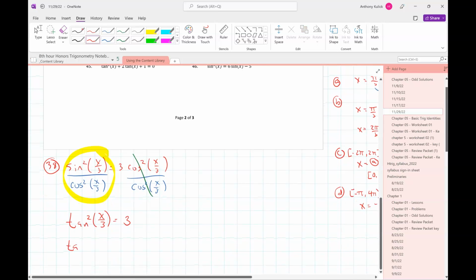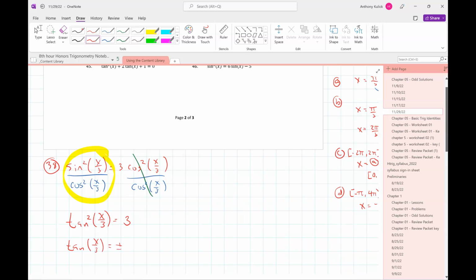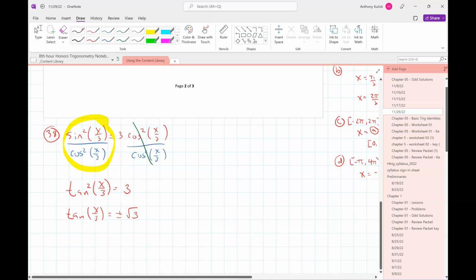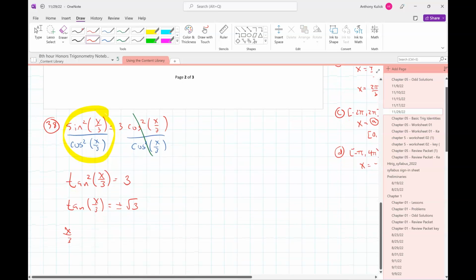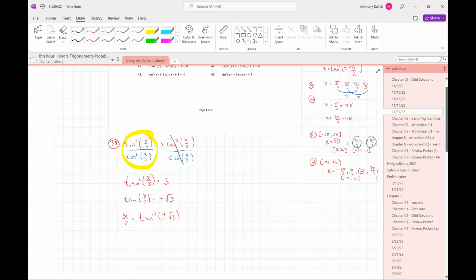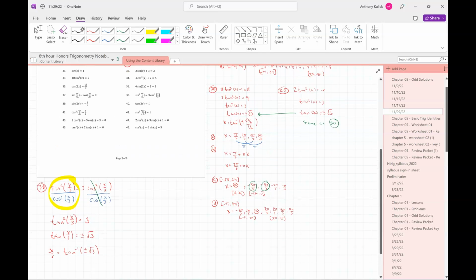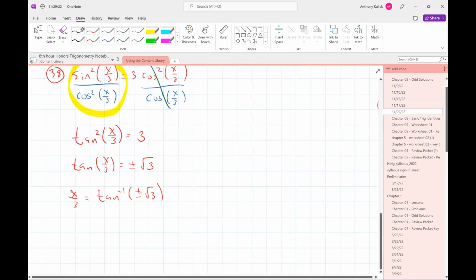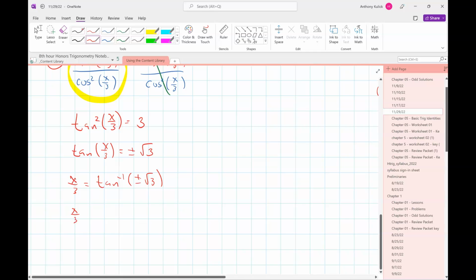So now we'll square root both sides. We'll do the tan inverse. We just did this above. What were those values? Okay. So I have x over 3 equals pi over 3, 2 pi over 3, 4 pi over 3, and 5 pi over 3.